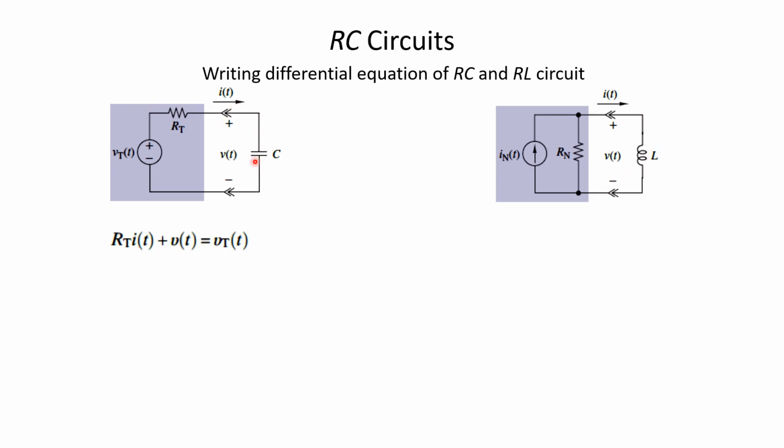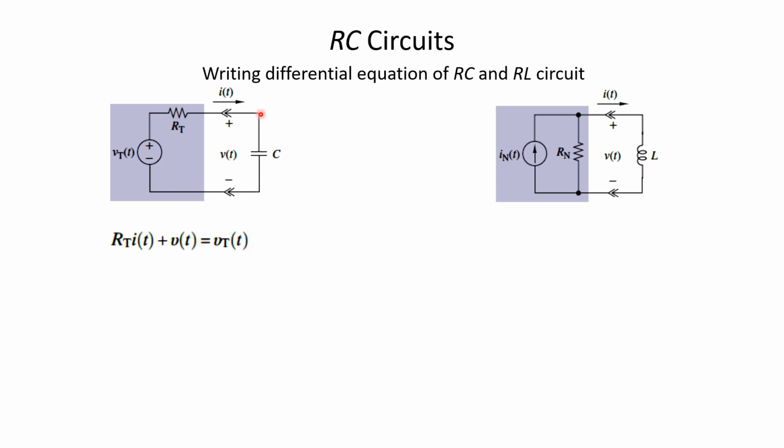How to write the differential equation of this? It is basically a loop equation. If we move around the loop in the direction indicated by the cursor, the voltage drop over here in the direction of the current is RT times IT, and this is the voltage drop VT, which is the capacitor voltage, and this is the voltage rise. So this is the loop equation.